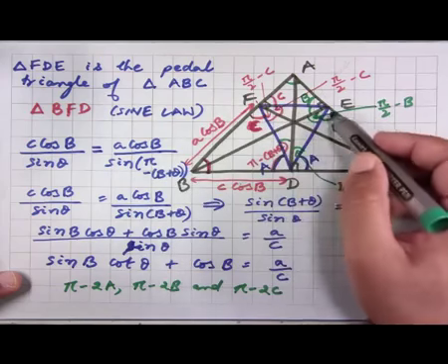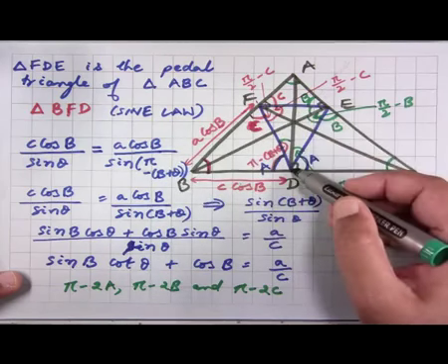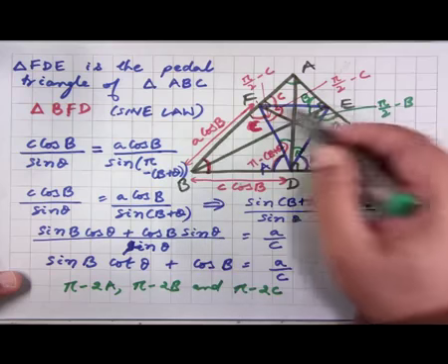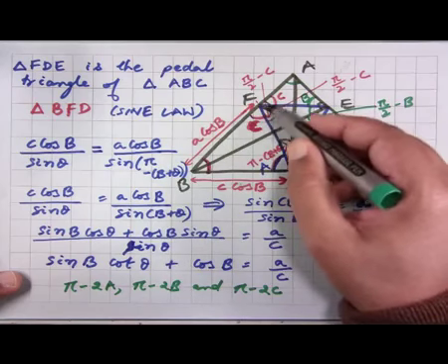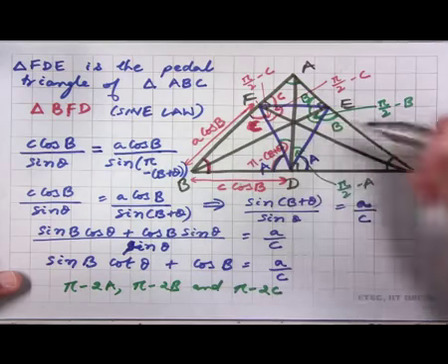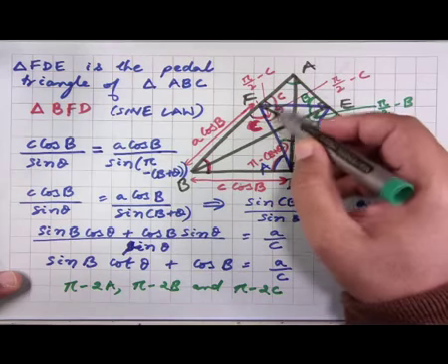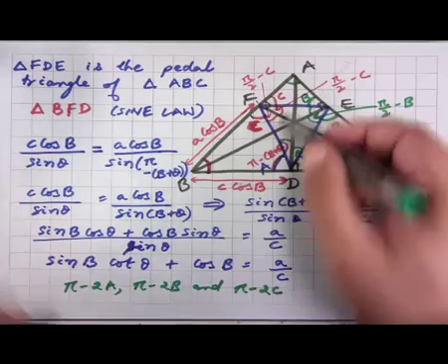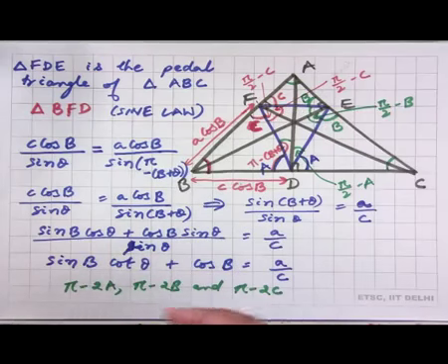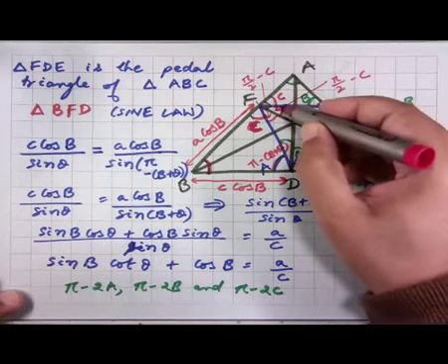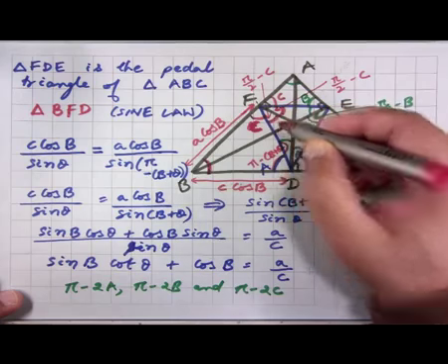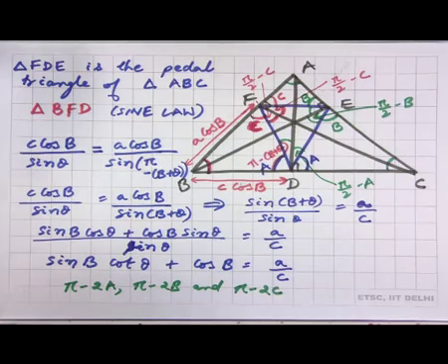So, if you look at this angle EFD of the pedal triangle EFD, then we see that the straight line FC is basically bisecting this angle, because both this little angle here and this little angle here are both equal to pi by 2 minus c.